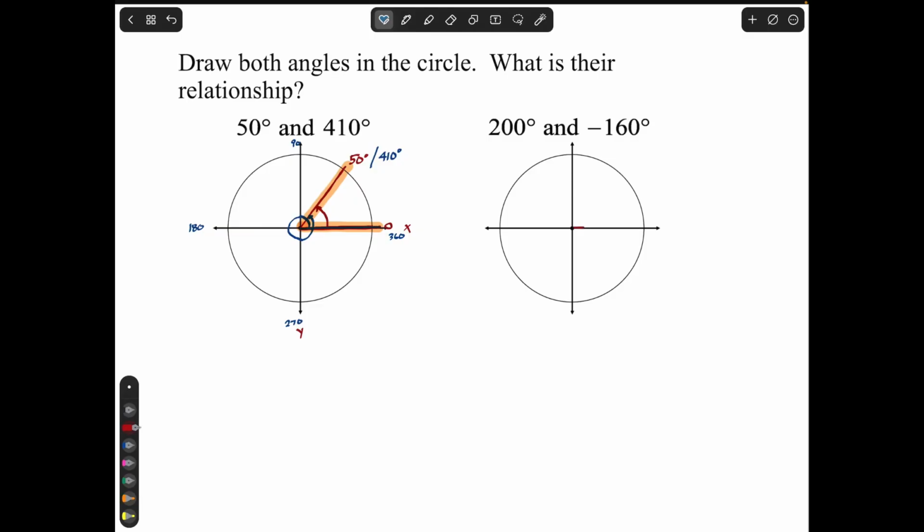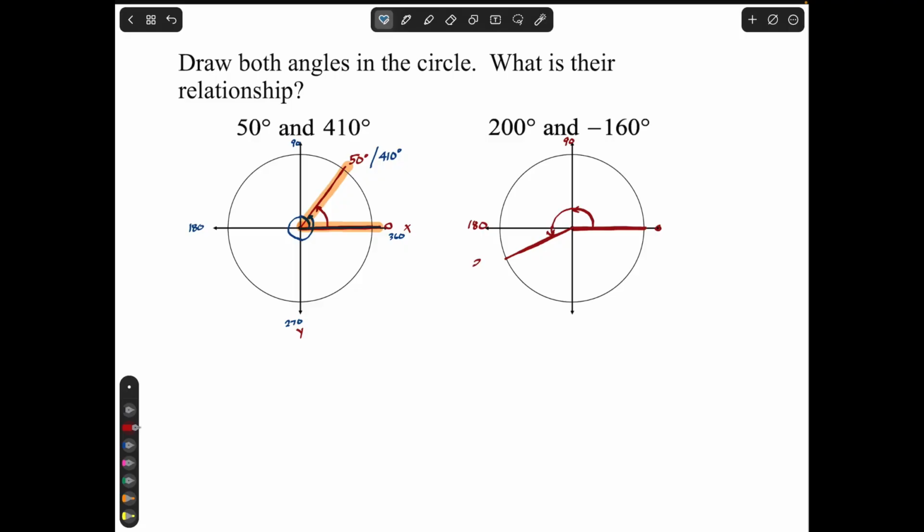So when we go 200, we're going to start here. We know that when we go from here to here, we've gone 90 degrees already. And then as we continue on down here, we've gone 180 degrees. Now we won't make it all the way down to 270 because we're going to go just a little bit past 180 degrees. So I'll estimate it to about right there. All right, so this would be our angle that is 200 degrees.